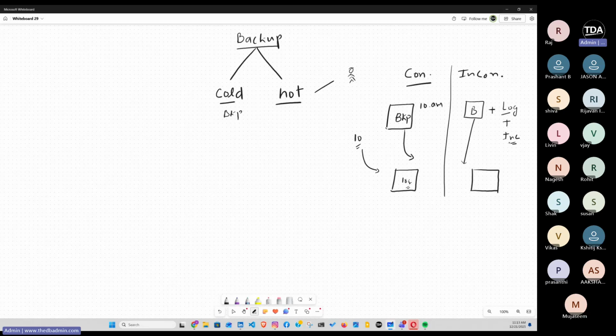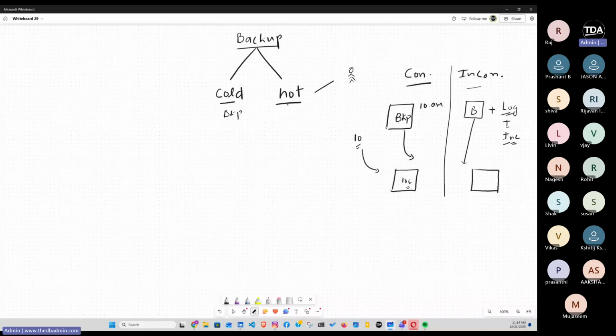I still need some more logs, some incremental backup. Then this backup will be called inconsistent backup. Normally, cold backups are consistent backups and hot backups are inconsistent backups, because those backup files still need some kind of further logs or some incremental backup to restore the database to a particular point; we need multiple files. So consistent and inconsistent backup, cold backup, hot backup.